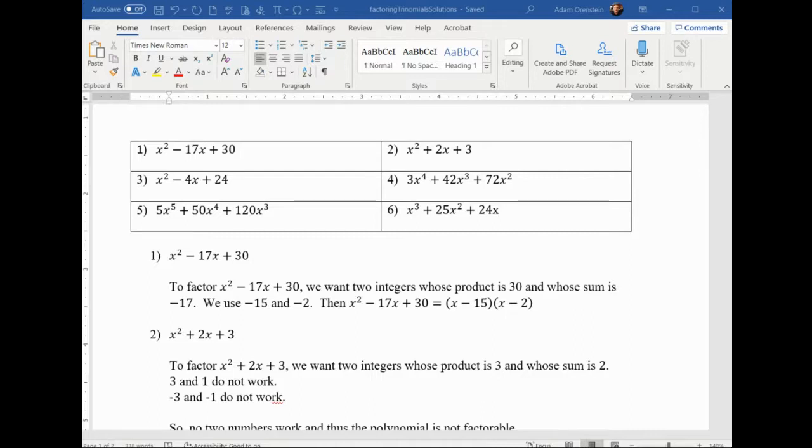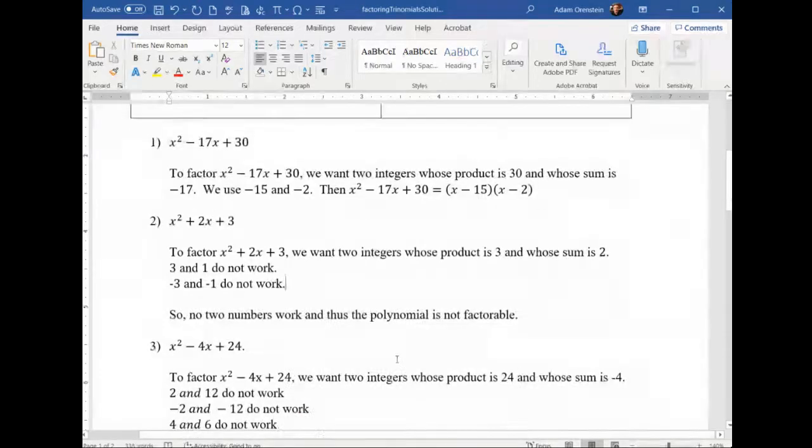Same thing with negative 3 and negative 1, because the sum is not 2, the sum is negative 2. So unfortunately, that one doesn't work either. Because no two numbers are going to work, that tells us this polynomial cannot be factored. It's not factorable.